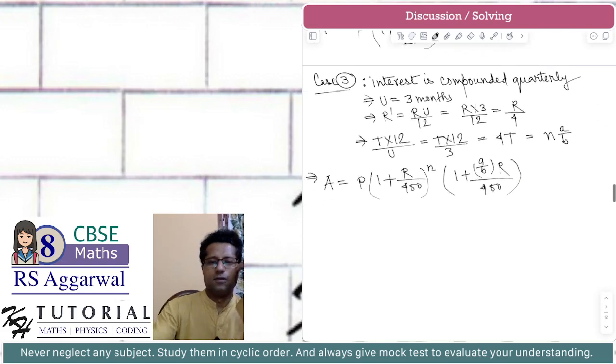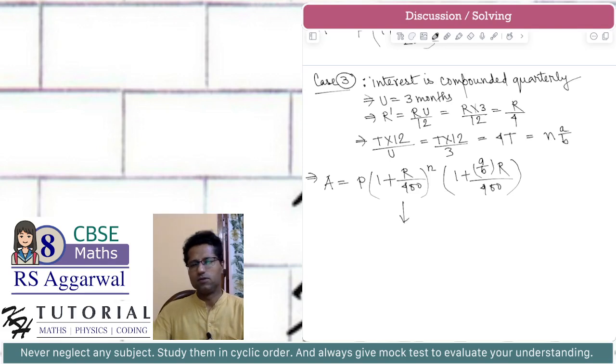Now again this can be further simplified if the value of 4t is a natural number. If 4t is a natural number, this will imply n is equal to 4t because there will be no fractional part.